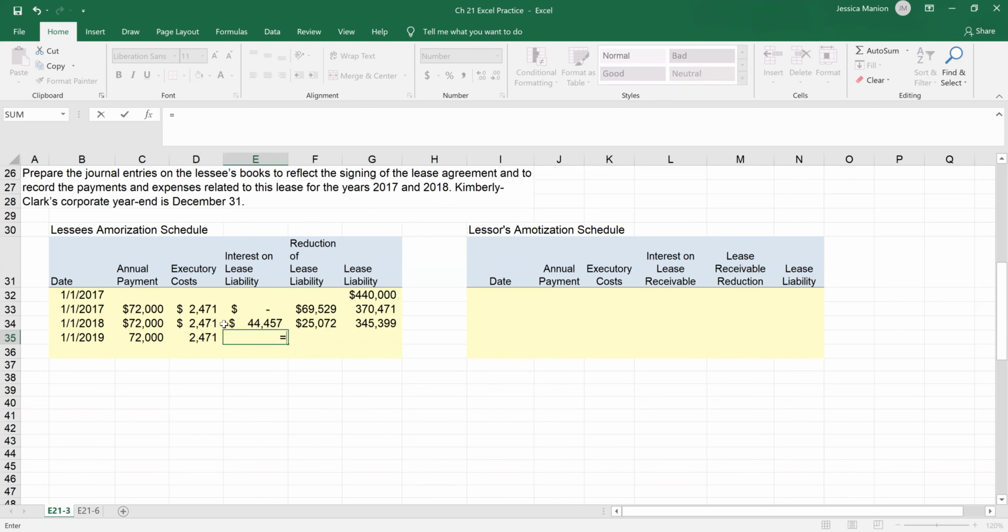But now our interest is down to 345,399 times 0.12. And so the reduction of the lease liability is 72,000 minus 2471 minus the interest.